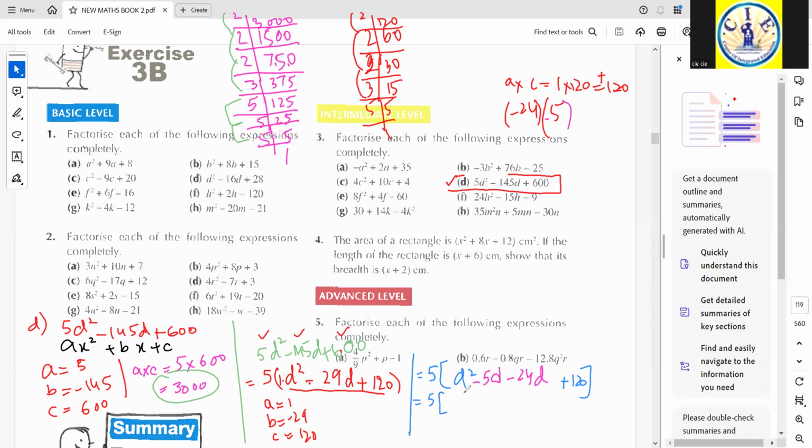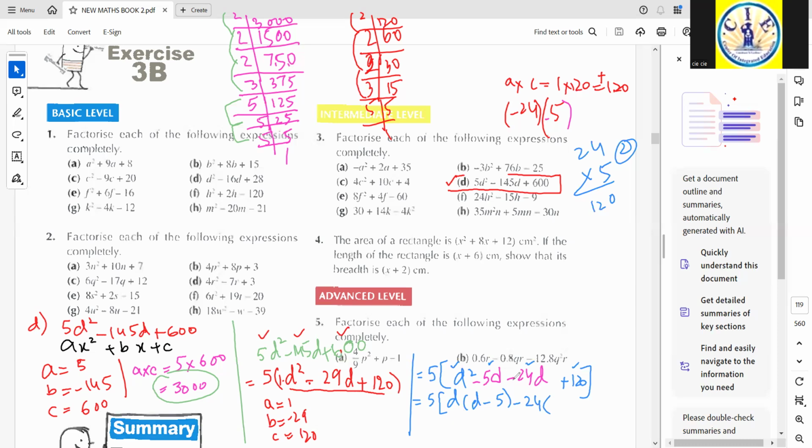Now, with this, 5 would be common as it was already taken common in the first step. From these two terms, combining them, d is common, and then d minus 5. Minus 24 can be taken common from this, and you know that 24 5s are 120.